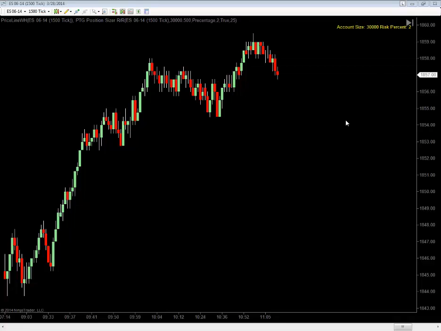Okay, we're taking a look at the S&P E-mini here on a 1500 tick, but it doesn't really matter what chart you use. It can be used on any chart size, any chart type, because what we're doing is calculating risk-reward values based upon entry price and initial stop values. Let's take an example.